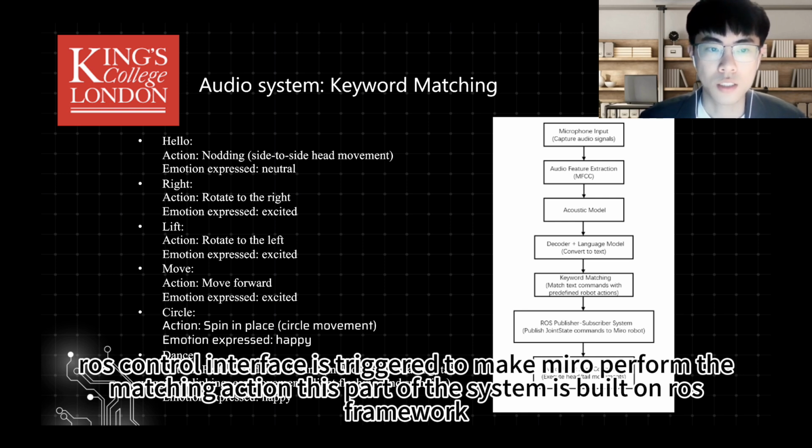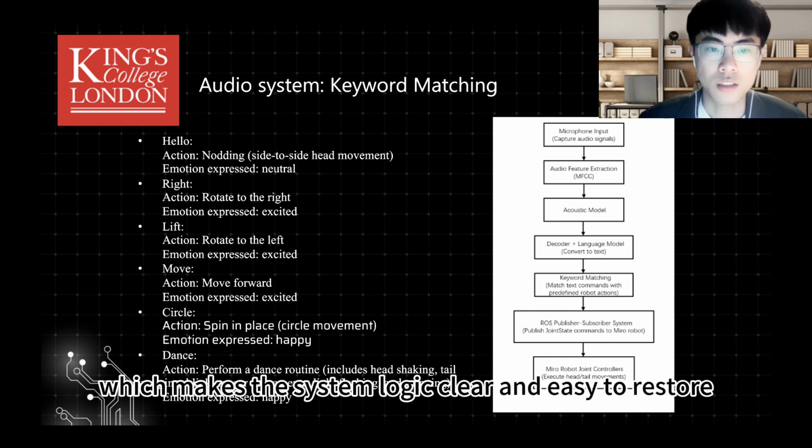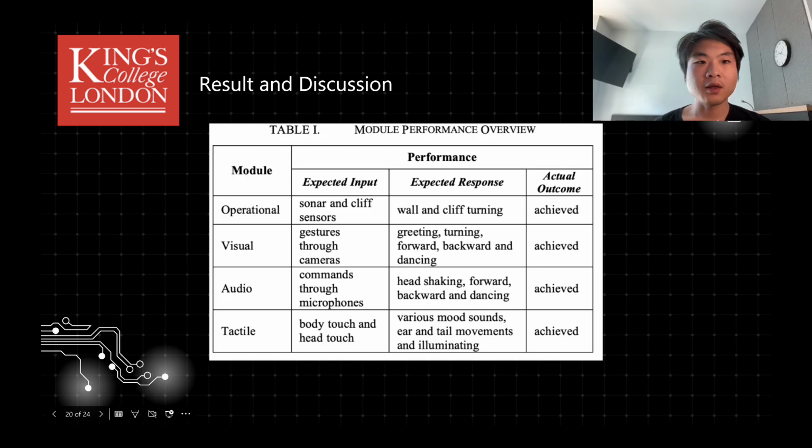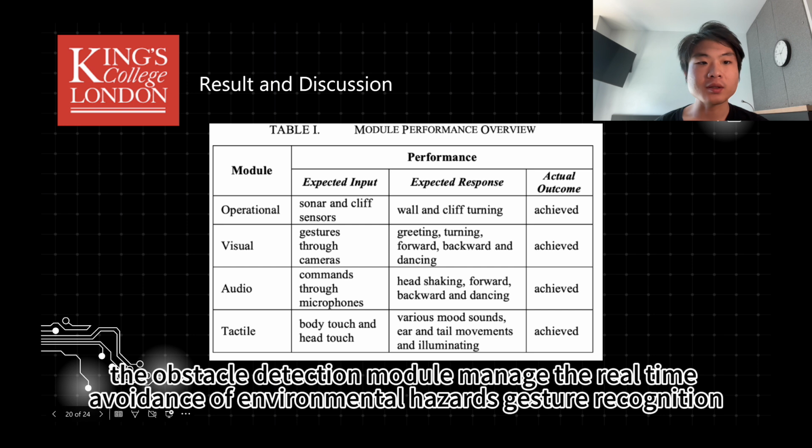This part of the system is built on the ROS framework, taking full advantage of its modular communication structure, which makes the system logic clear and easy to extend. The results from deployment revealed robust performance in interactive functionalities, at the same level as simulations. The obstacle detection module managed real-time avoidance of environmental hazards.